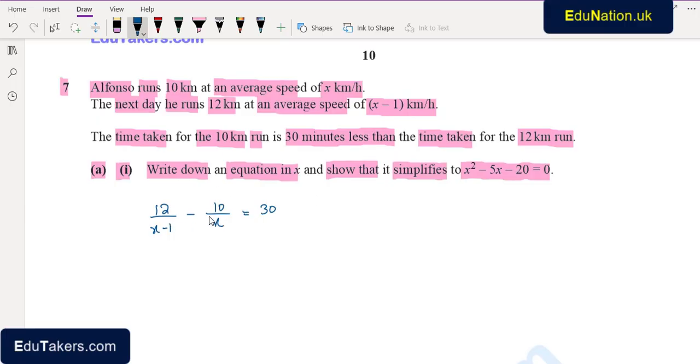These times are in hours, so we convert it into hours by dividing by 60. Now taking the LCM, this will be x into x minus 1. Here 12x minus 10 into x minus 1 equals 1 over 2.